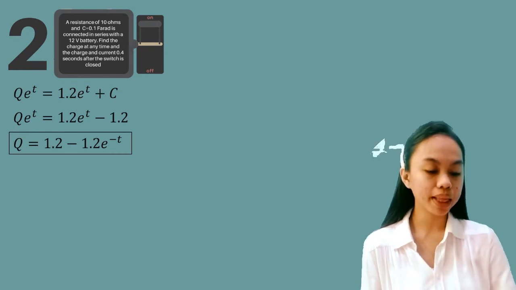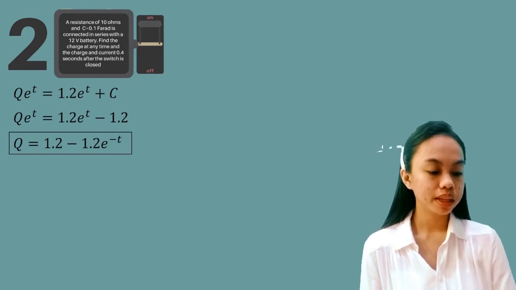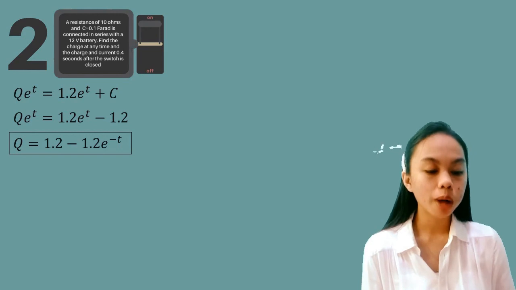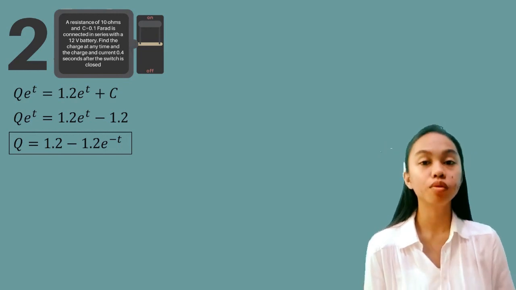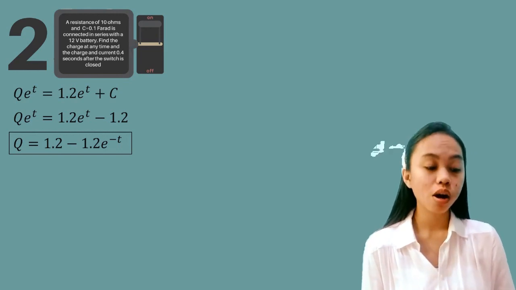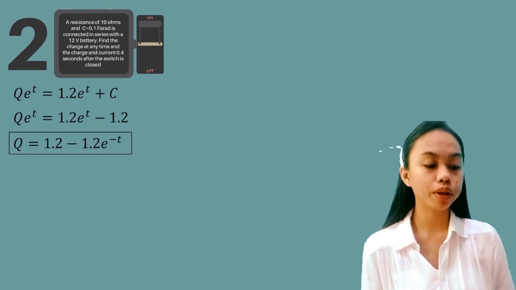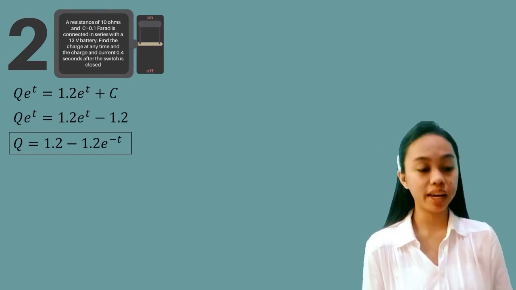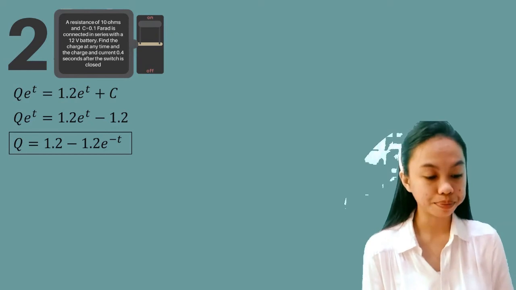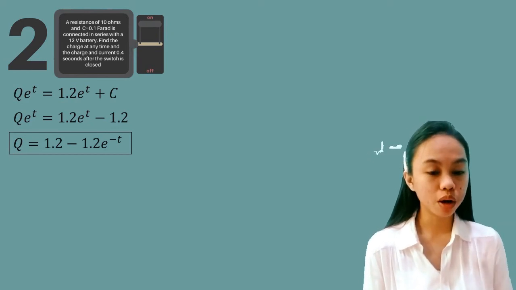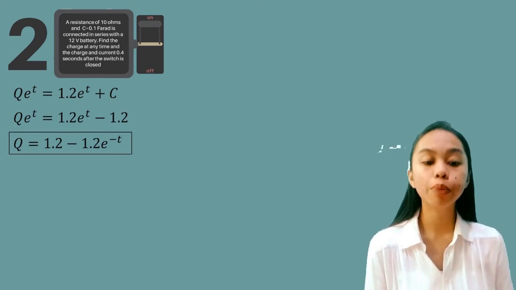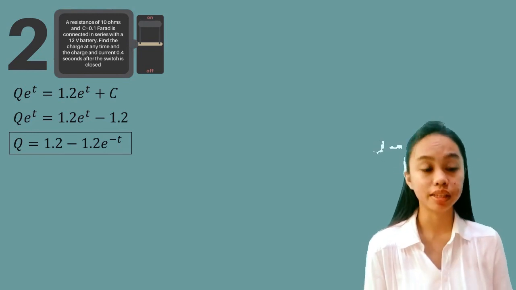So I repeat, our charge at any time is q equals 1.2 minus 1.2 over e raised to the power of t, or it could be q equals 1.2 minus 1.2 e raised to the power of negative t. Next, we are going to find the charge 0.4 seconds after the switch is closed.